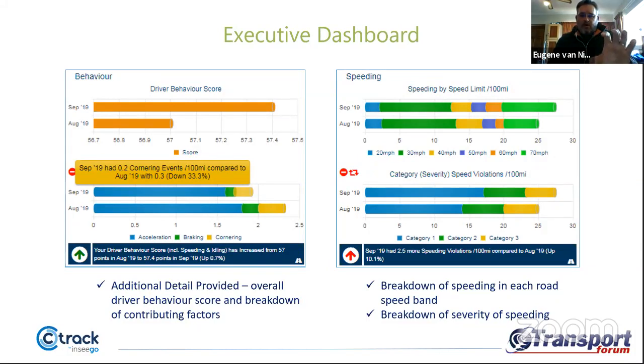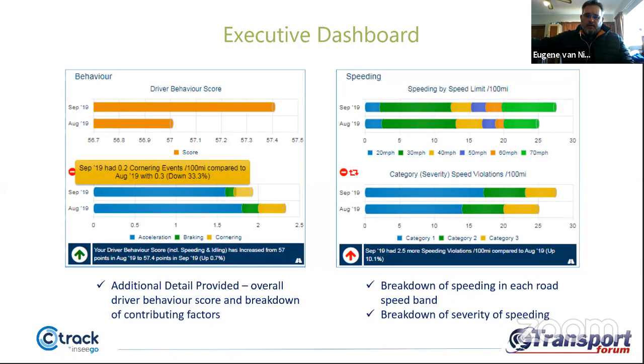The top of the graph shows me clearly that I have 20 mile-an-hour speed bands. That's the road speed limit of a vehicle. 30, 40, 50, 60, 70. From this graph, I can see my biggest problem lies within the 30 mile-an-hour speed band range. This is where most of my speeding events are happening.